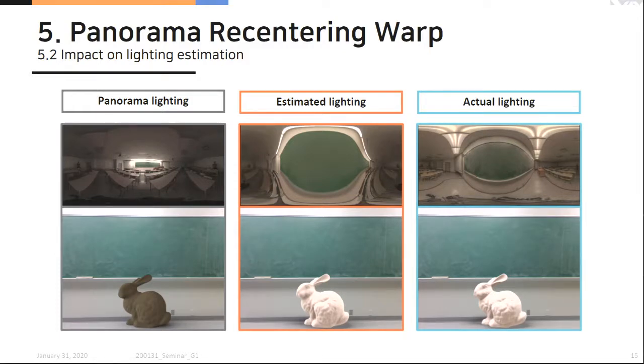They actually captured the lighting condition on top of this desk, put a chrome ball to capture all the light conditions, and then they took a panoramic picture. So this is like ground truth. Compared with the ground truth, it looks really close.